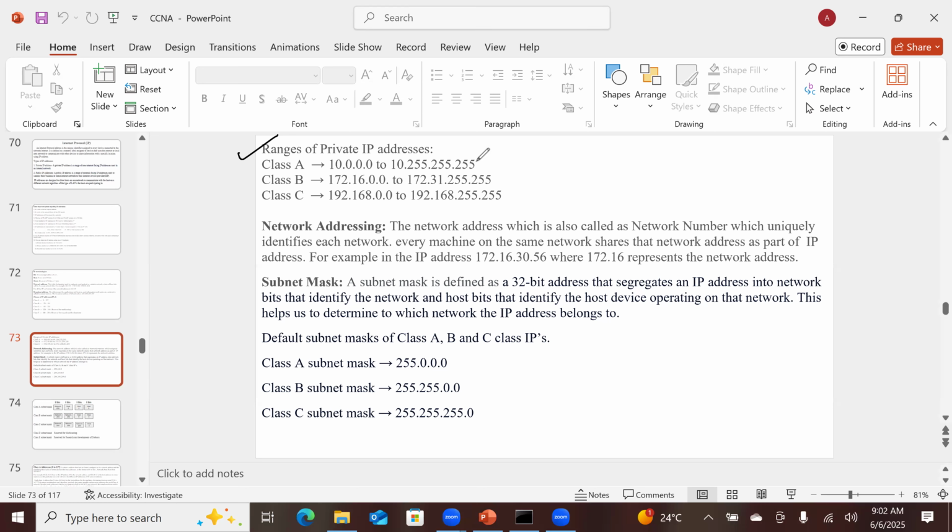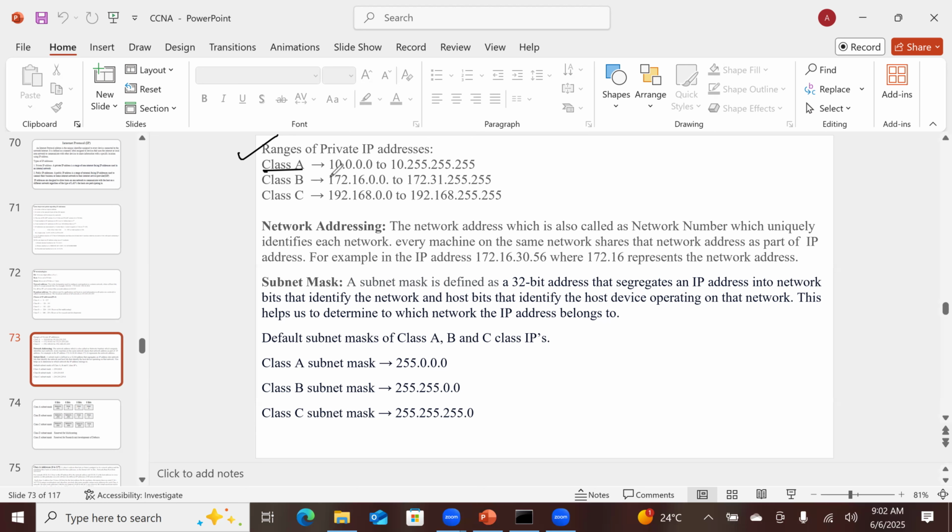See, I said we use only the first 3 classes. Out of those classes, they have taken one network as a private IP address. If we see here in class A, they have taken the whole 10 network.